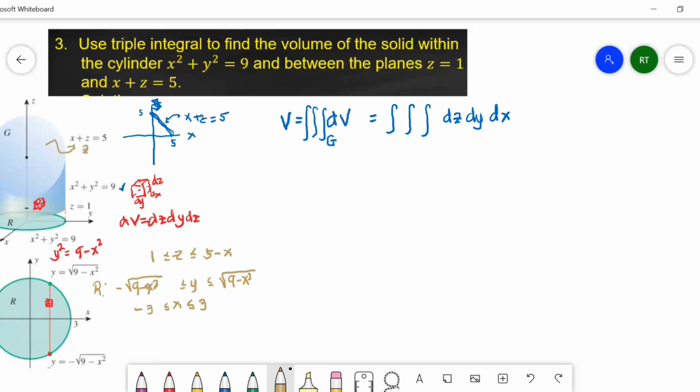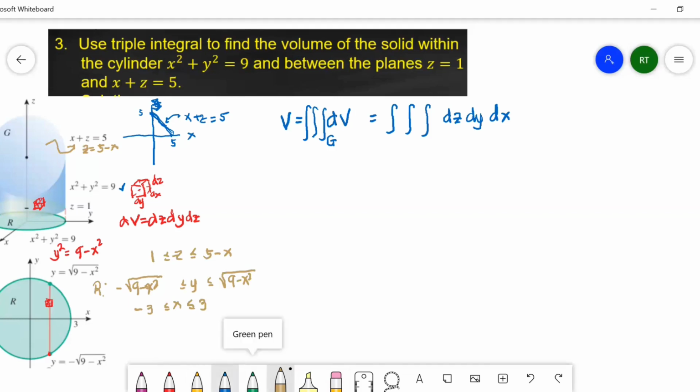So we solve for z: z is equal to 5 minus x. The element will go from the lower base, z is equal to 1, to the upper base, z is equal to 5 minus x.